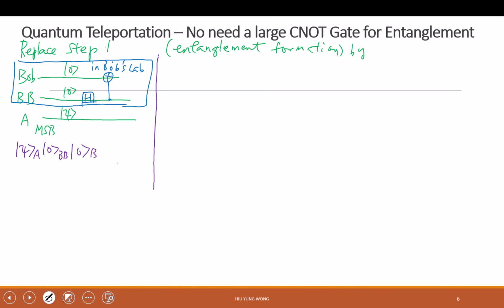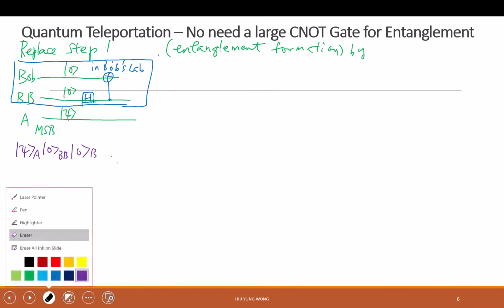And then we're going to apply this. After you apply, what should I draw? Maybe this can confuse you, so let me not draw this. Now I'm going to apply 2 gates. The first gate is the Hadamard gate. Let me make it longer.